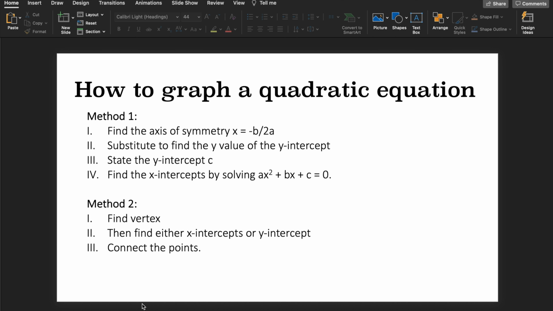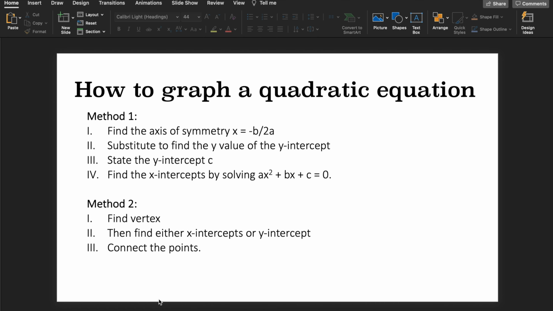Then you could state the value of the y-intercept, which is c, and you could find the x-intercepts by solving this equation by any of the three methods I've outlined in the previous slides. So here you'd have the axis of symmetry, the y-intercept, and the x-intercepts, and hence it would be easy to graph it.